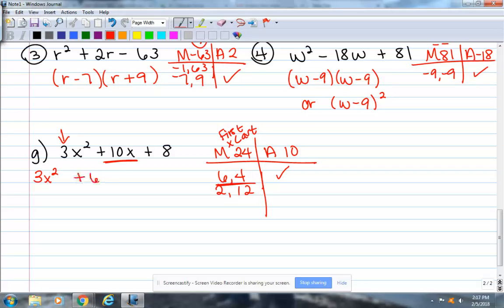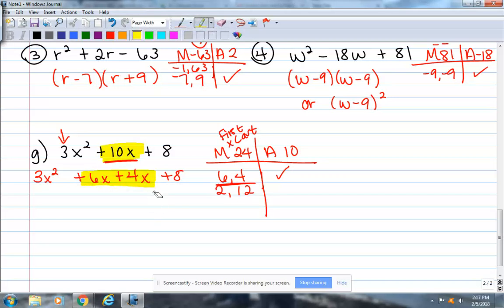So I'm going to put a plus 6x and a plus 4x. And then copy the last term. So what I have done is I've taken this 10x and split it into 6 and 4. Because does 6 and 4 make 10? Yeah, so I've just done a substitution there.